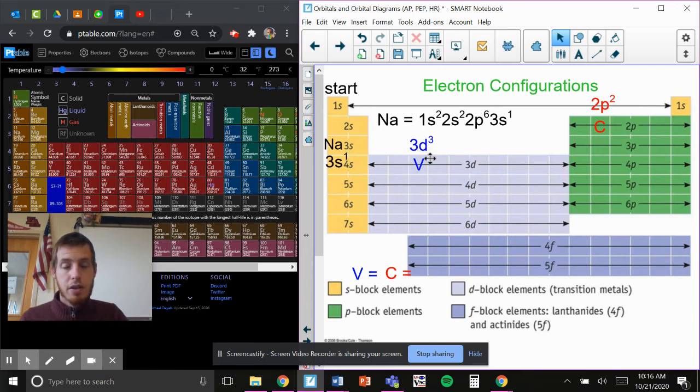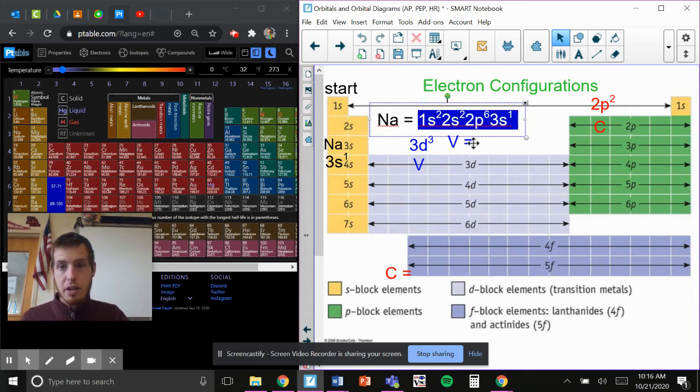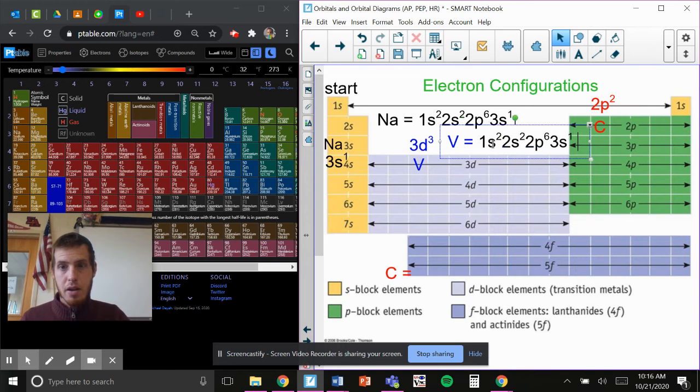With vanadium, I'm going to copy and paste this because, as you can see, it's going to be the same. For the 1s2, 2s2, 2p6, 3s2, we're going to keep going. 3p6, 4s2, 3d3.